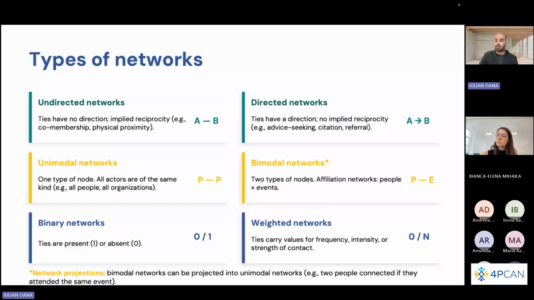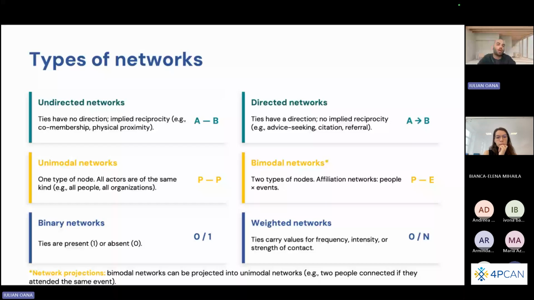So all of the nodes are people, or all of them are countries or organizations, and so on. Whereas in bimodal networks, we talk about, let's generally call them, affiliation networks. So people by events, authors by articles, pupils by classroom, employee by department, and so on.